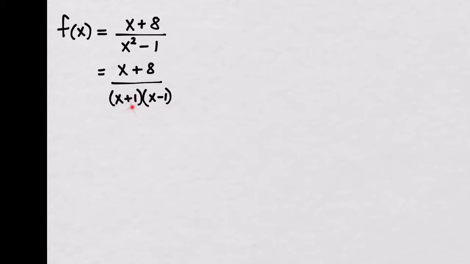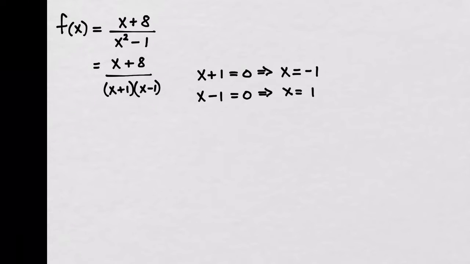Now I'm going to take each factor in the denominator and set it equal to 0, and that will give me values that are not in the domain. So I let x plus 1 equal 0. That gives me x equals negative 1. x minus 1 equals 0 gives me x equals positive 1.